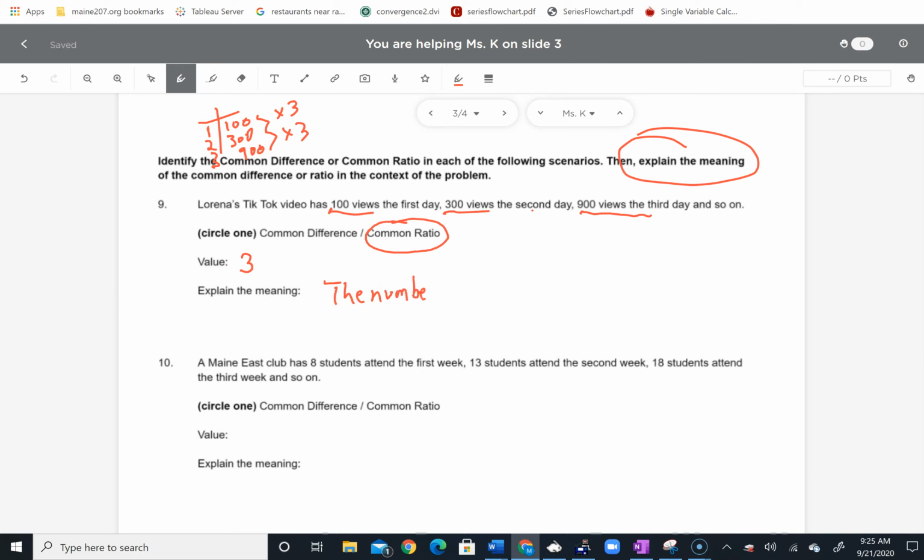That's what we are measuring. We always start with that. We could say triples, if you'd like, or multiplies by 3. But then how often? We can say each, well, it's each day.